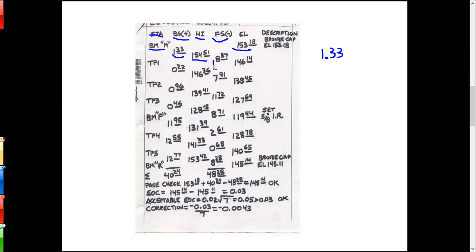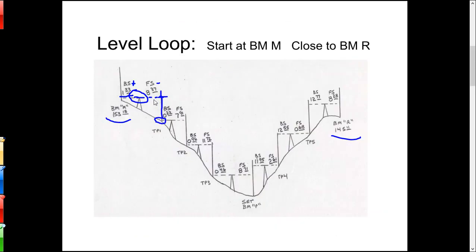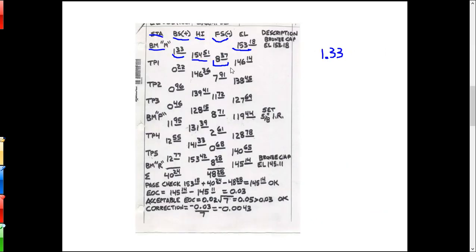Then you can take the foresight, in this case 8.37, right there. And you subtract that from the height of the instrument, and you'll get the elevation of the point on the ground, 146.14. That's called a turning point because you turn the rod on it as you move the instrument from one side to the other. So the elevation of turning point 1 is 146.14.